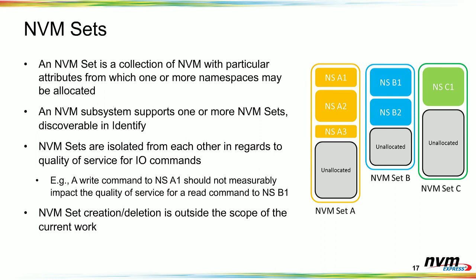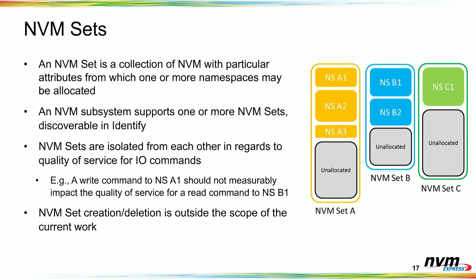NVM sets are isolated from each other in regards to quality of service for I/O commands. For example, all the media can be on a separate channel on the back end, and that isolates it from media that's on other channels on the back end. But this is all done behind the scenes of the actual interface at this point.